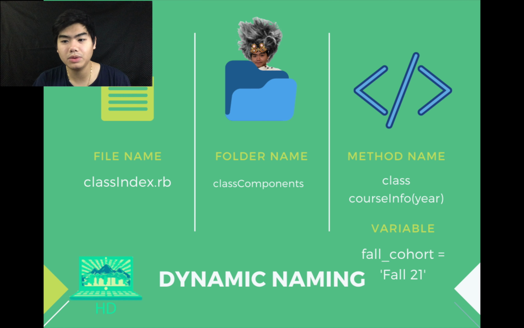But here, if you are dynamically naming your items, such as a file name called class index that shows all the classes, a folder name of all the class components, a method name of course info, and a variable name of the fall cohort, those are all items that we can have much more dynamic naming for. It's a lot better for us to do it this way, and it's easier for us to collaborate with others. So now I know where to put all of my class components, and I know what variable I'm using.